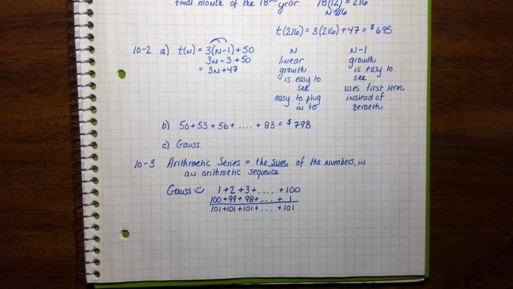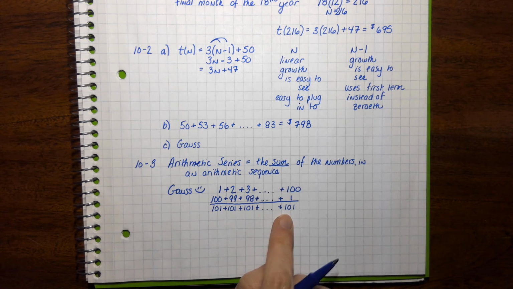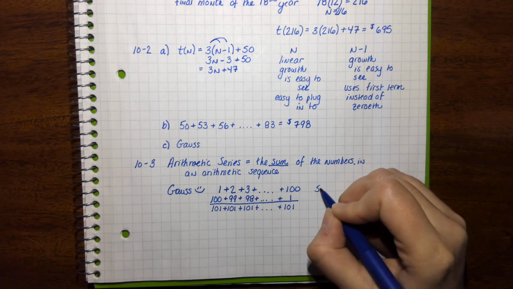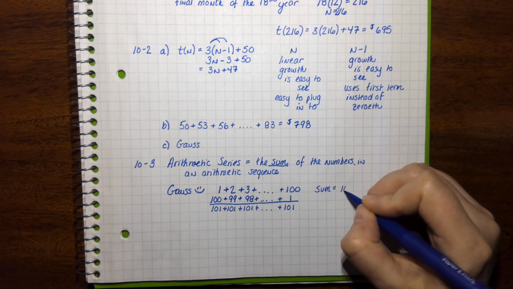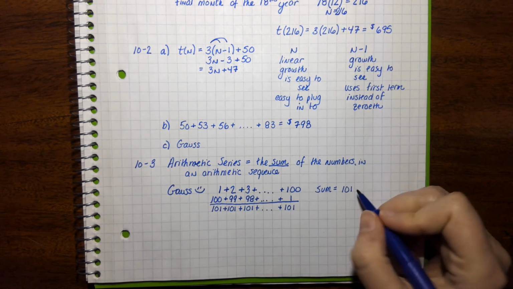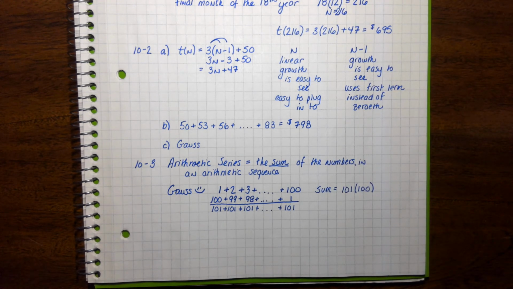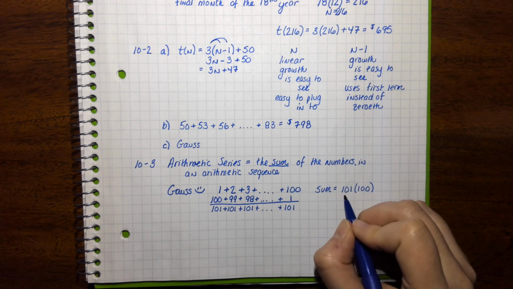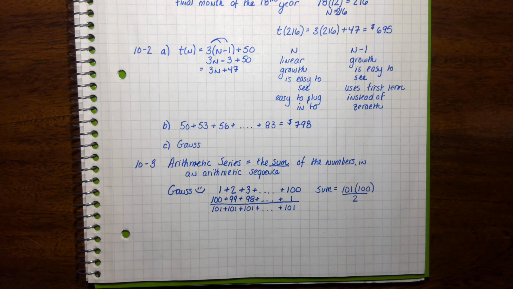Okay, now you have a series of 101s here, so you have a list of 101s. So the sum is all of these 101s. How many of these are there? Well, there's a list of 100, so there's 100 101s, and he has to divide that by 2 because he wrote the list twice.